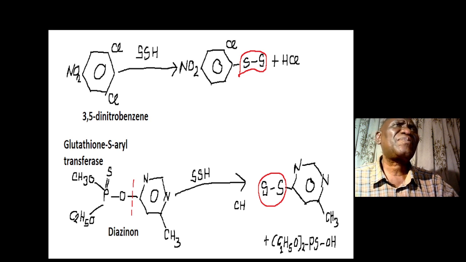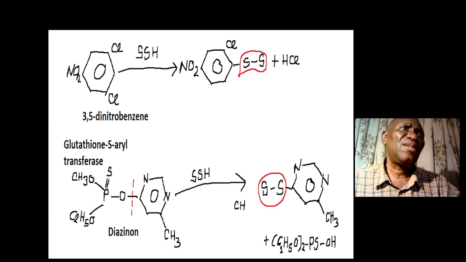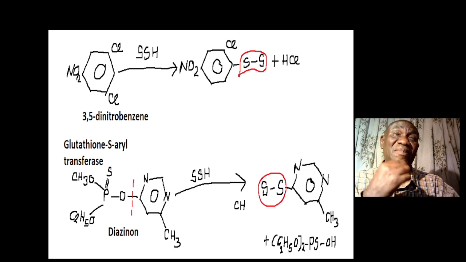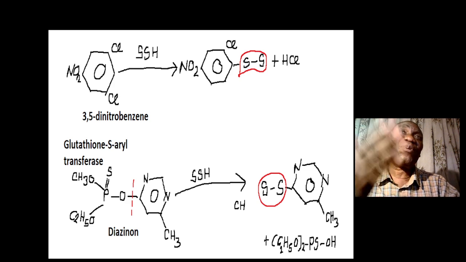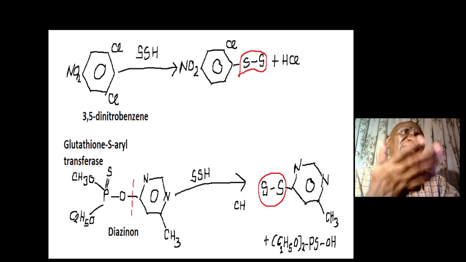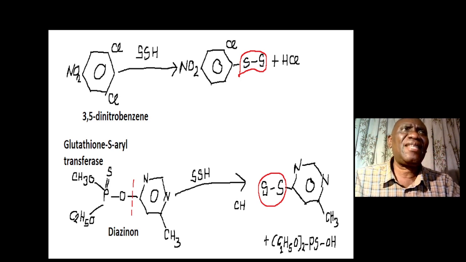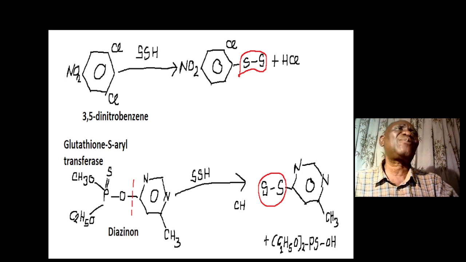Again, it likes the chlorine atom, so it can get joined to one of the chlorine atoms and form this bond. So the presence of the epoxide, the presence of chlorine in any molecule will attract the glutathione to act on it.